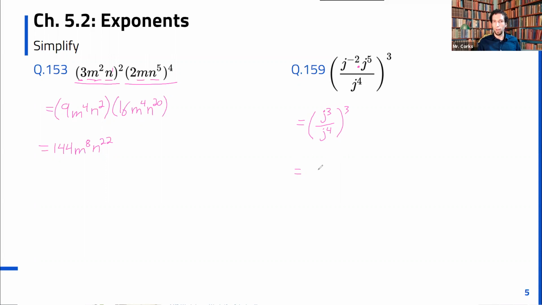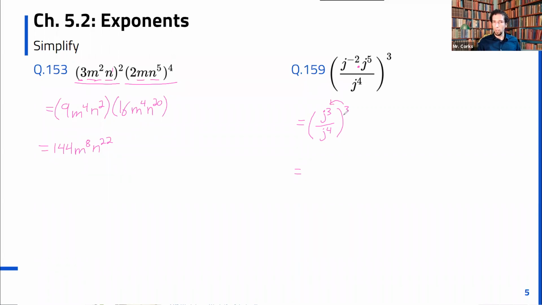Okay, so our fraction here, j cubed over j to the exponent 4. How can we simplify that? We have to raise to the exponent 3. j cubed is raised to the exponent 3, and then j to the exponent 4 is raised to the exponent 3.